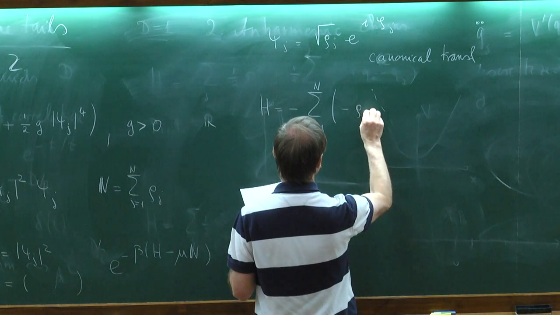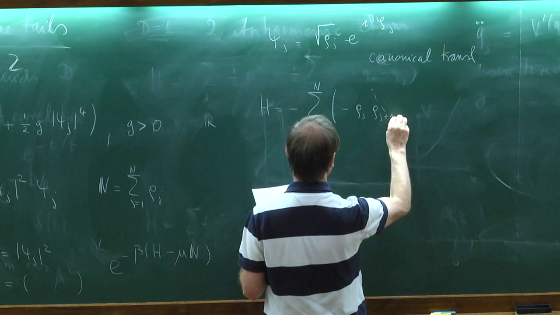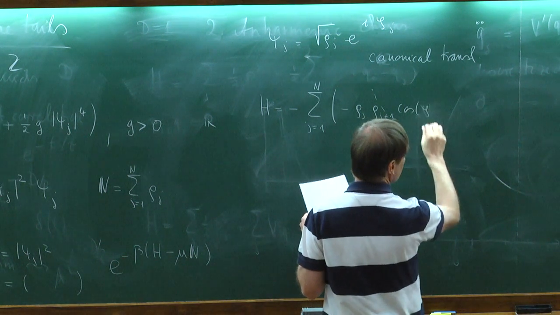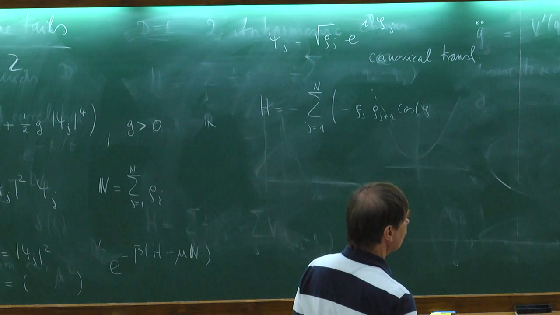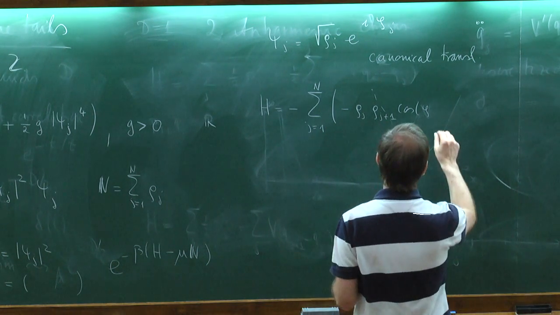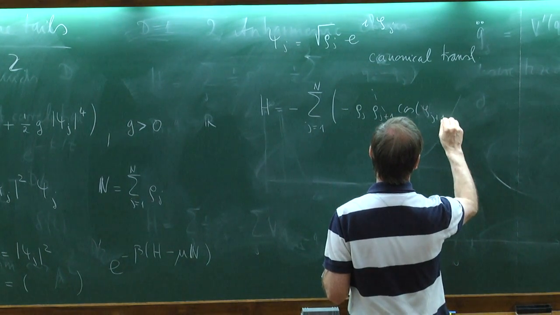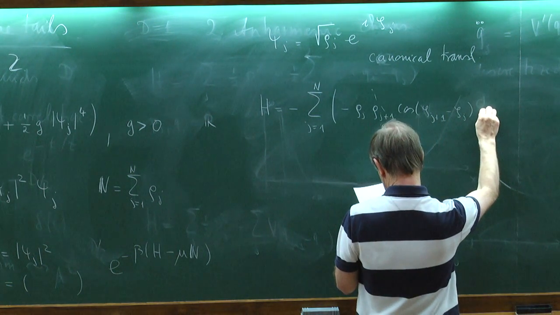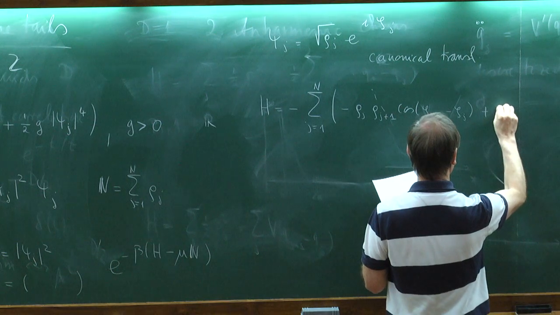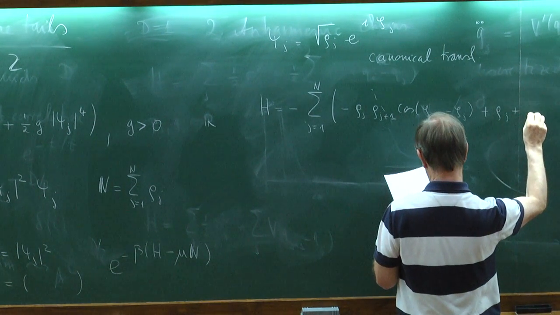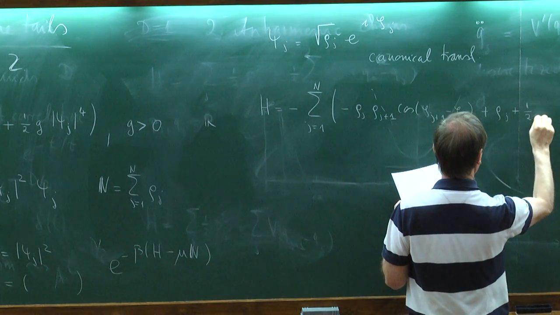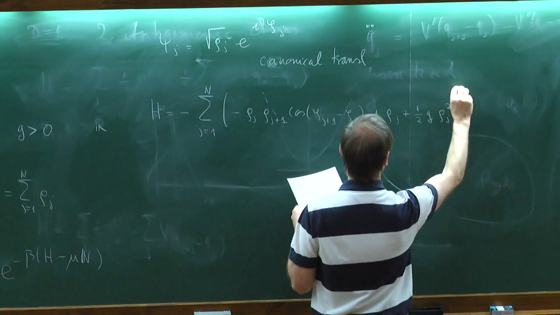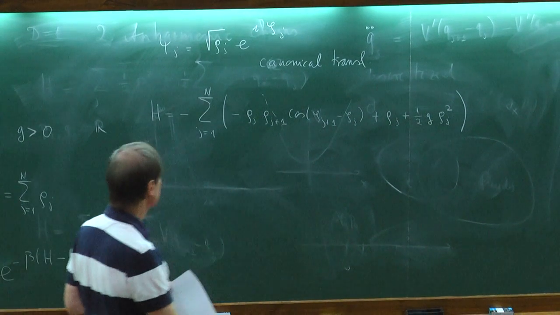So it's a minus rho j plus 1, and there's a cosine, and then I have a plus rho j. Okay, so that's your new Hamiltonian.